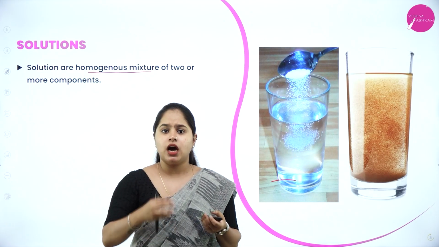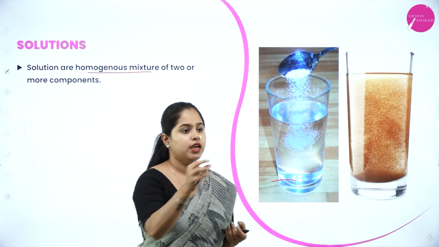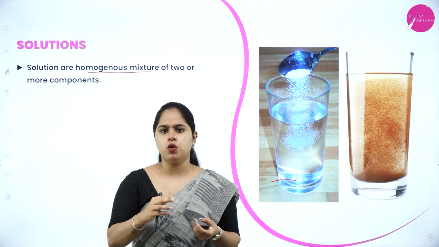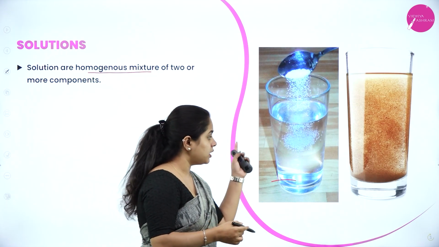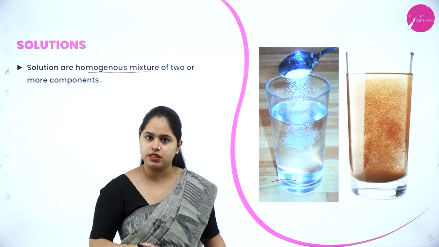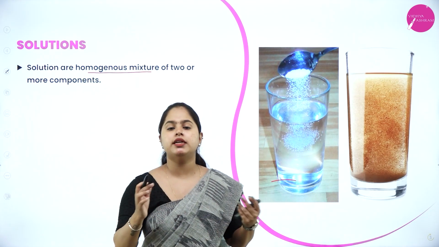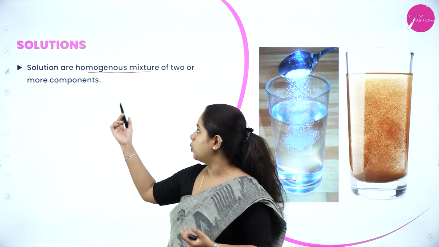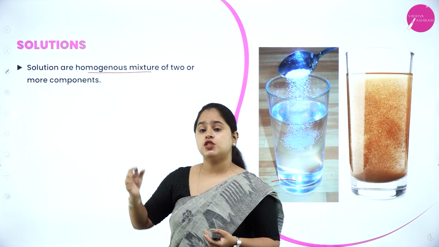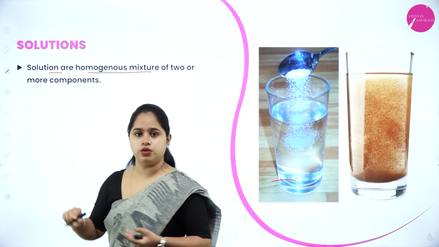No. Are you able to say that in this part sugar is present, in this part water is present? No, no different layers or sections are present. It is an example of a homogeneous mixture, because it is uniformly distributed throughout the mixture. Such mixtures are called homogeneous mixtures. Homogeneous mixtures having two or more components are called solutions.